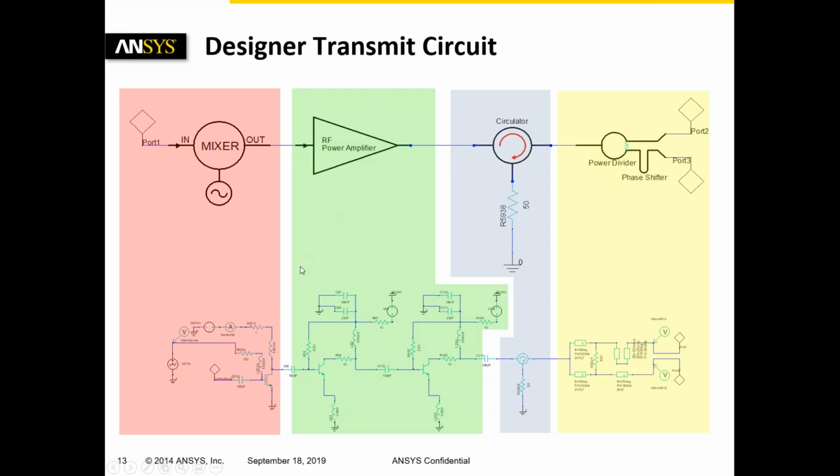All of these can be broken down, so on the upper part of the diagram, that's a simplified circuitry, and we can implement the details down below. And as you can see, there's MOSFETs, BJTs, and voltage sources, resistors, capacitors. All these components are available in the component library in the Designer tool.